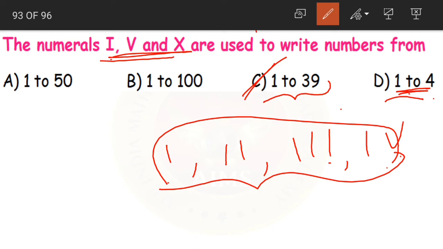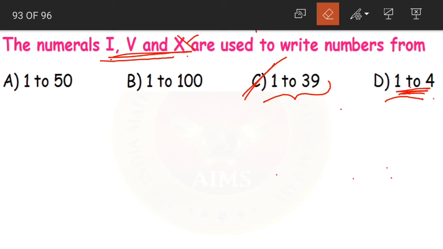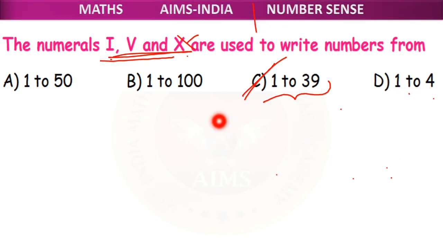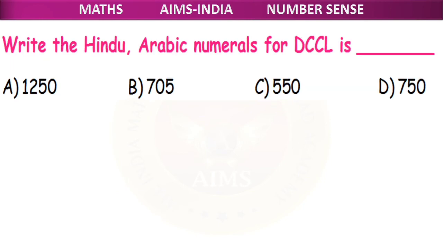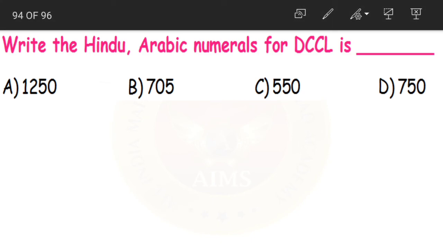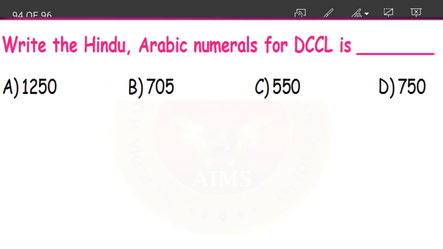These numbers are formed using only I and V. Only I and V are sufficient. X is also not needed. So the correct answer becomes option C, 1 till 39. Okay children, remember whenever I ask you what numbers can be written using these three symbols, that would be 1 till 39.